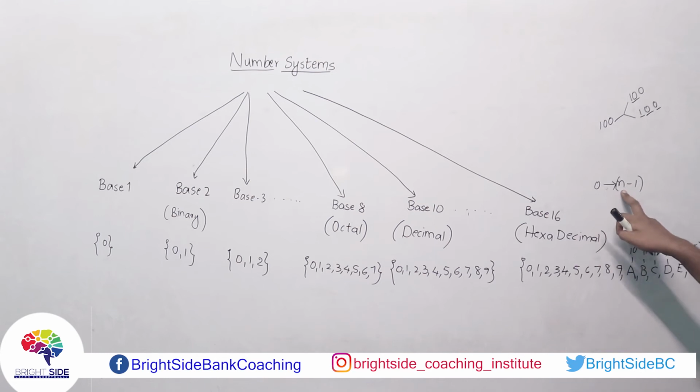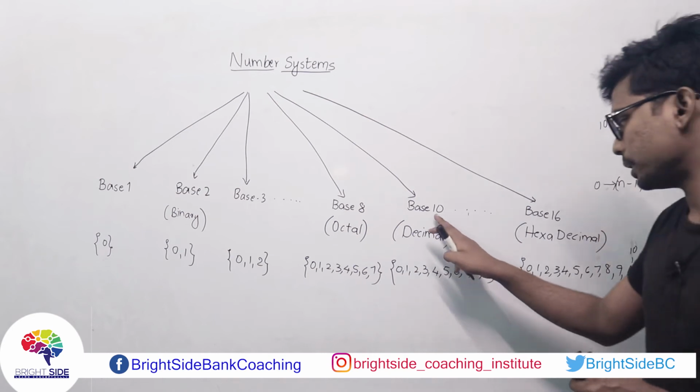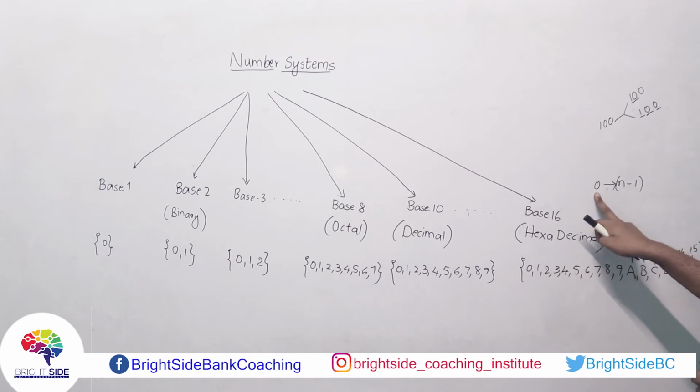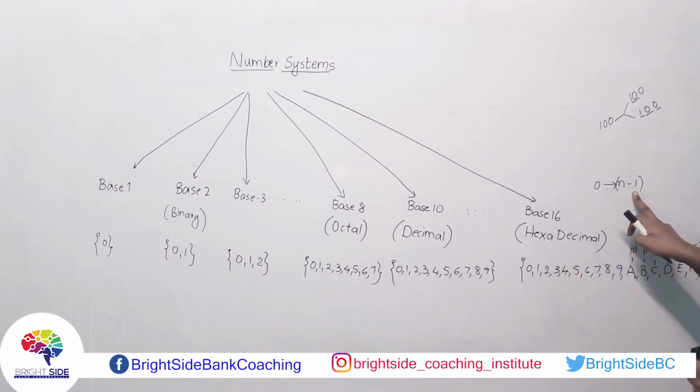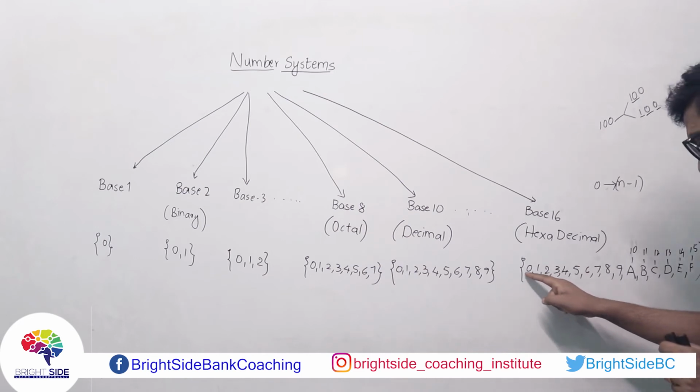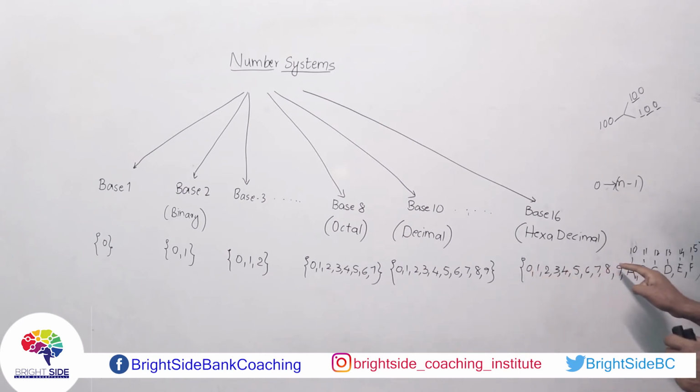So n is the base here. If it is base 16, then you'll start from 0 and you'll go up to 15. If it is base 10, you'll start from 0 and you'll go up to 9, likewise. Okay, and one more point is that each and every number in the number system will be less than the base.